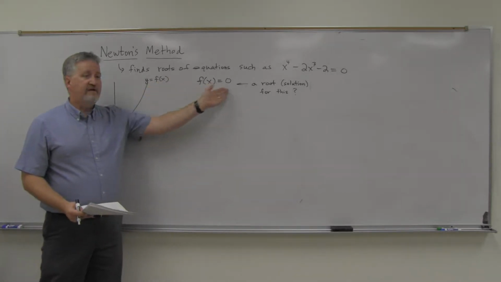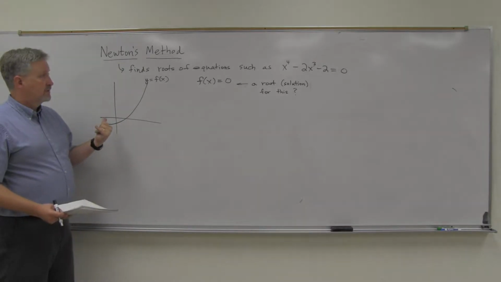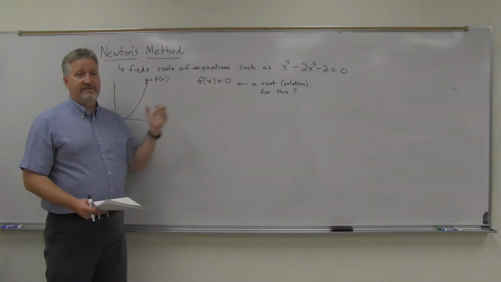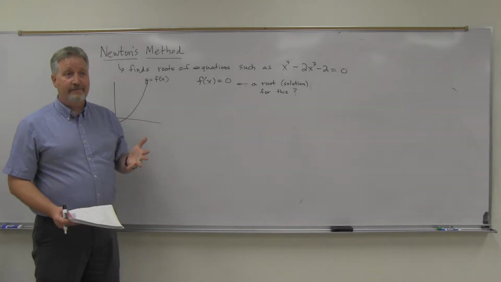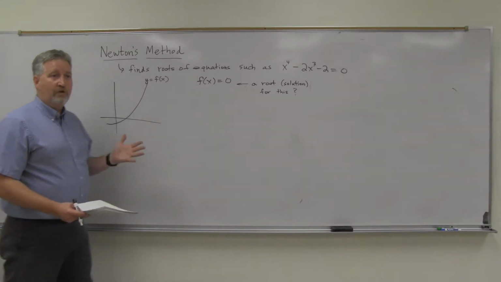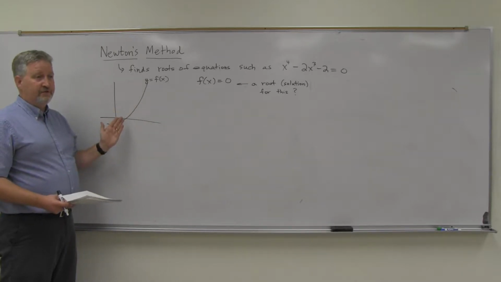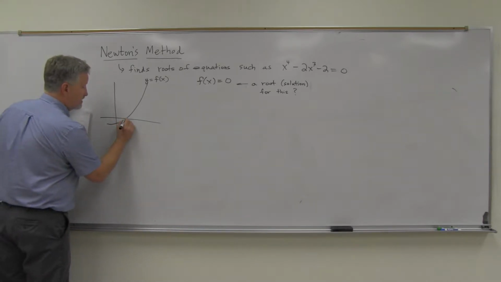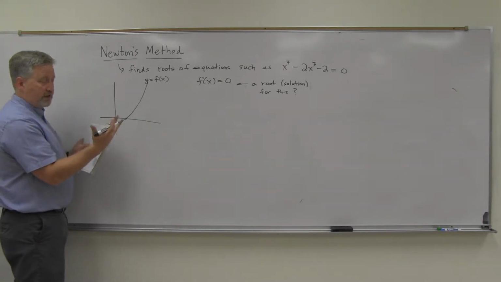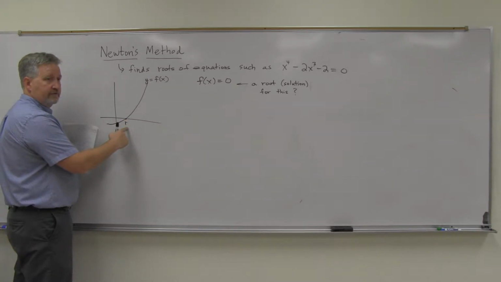Well, I want f of x equals 0. Where is f of x equals 0 on this graph? Well, that's y equals 0, and y equals 0 is an x-intercept. So one of the roots of the equation graphed here is going to be an x-intercept. This right here is going to be the root, call it r, that I'm looking for.